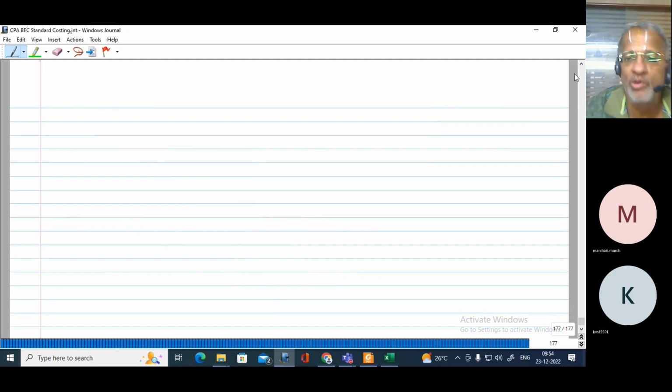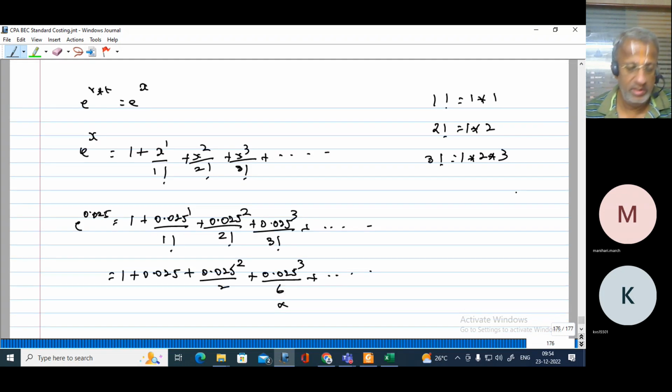Rounding off, you can do it at this level. What you normally do is put 0.025 in memory, multiply and divide by 2, memory plus, 1 also memory plus. So the answer is 1.0253125. One moment, you just make note. I will come back in a moment.